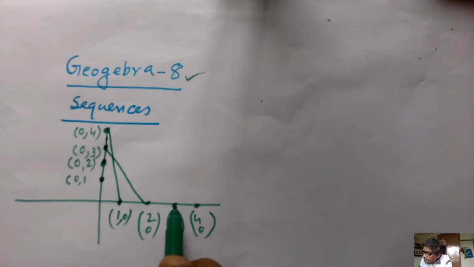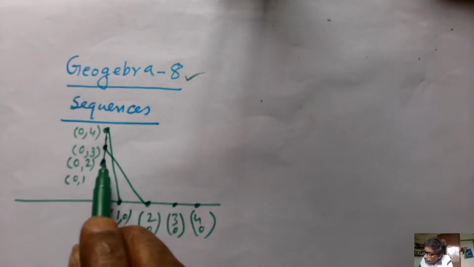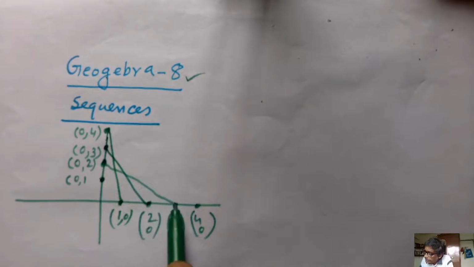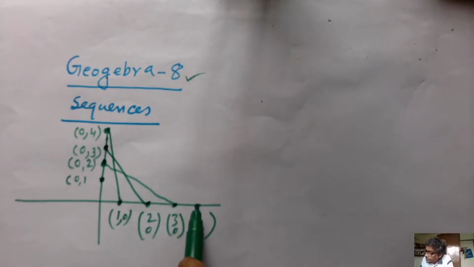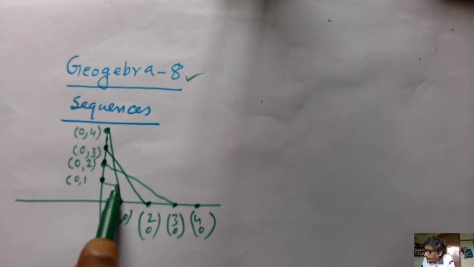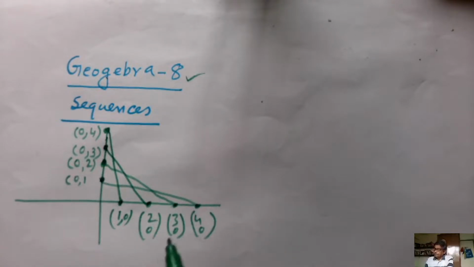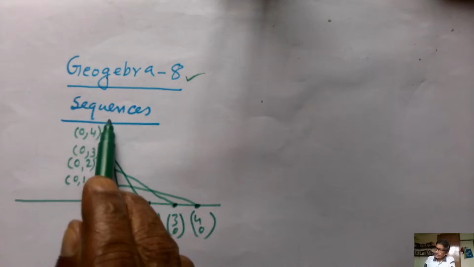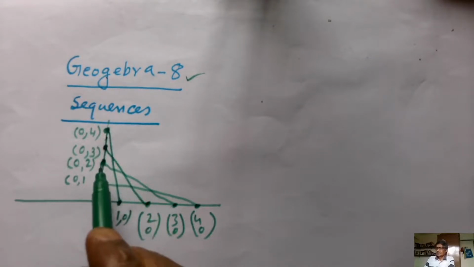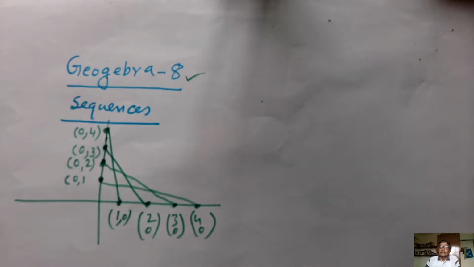Then I will increase the counter to the third point and join it, and then the fourth point, and I will join like this. This is what I plan to do, and I will generate an interesting pattern of this kind.